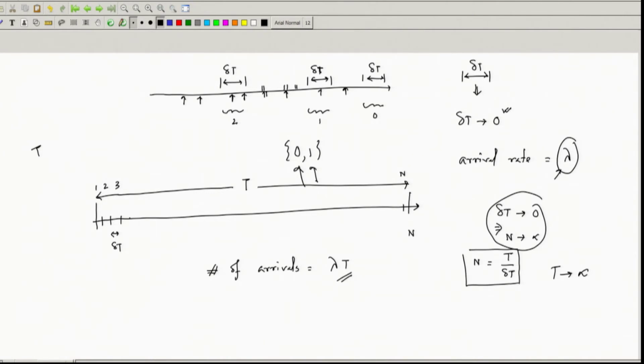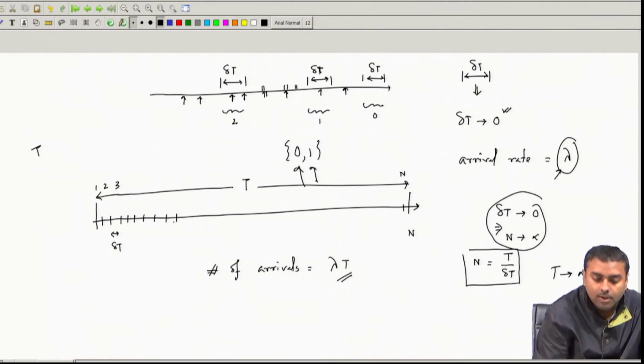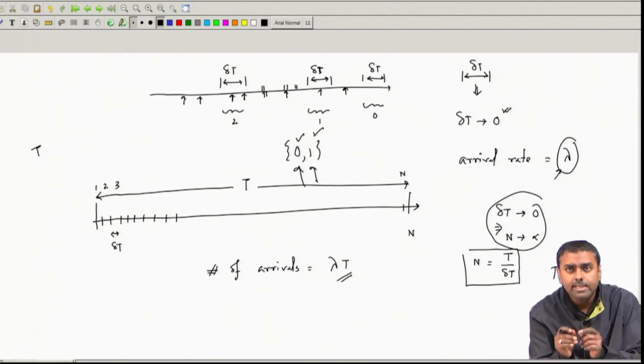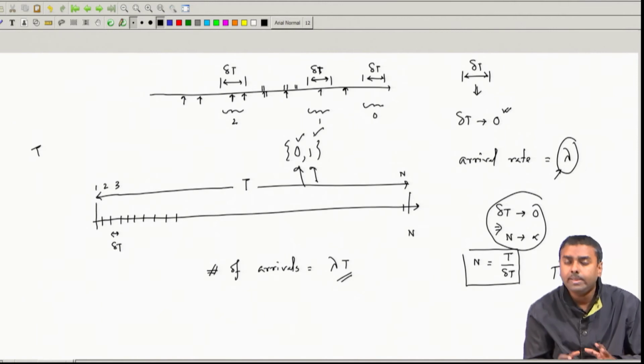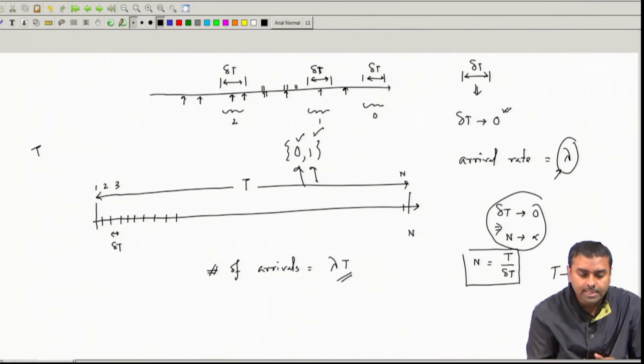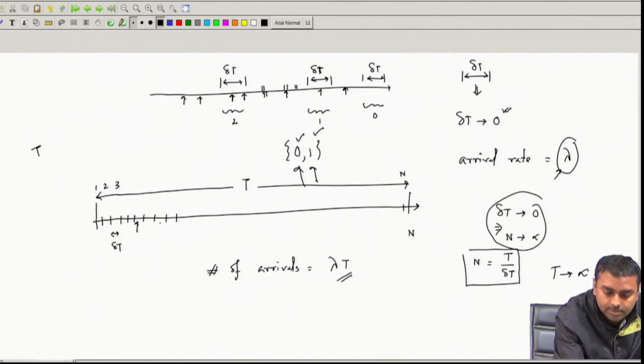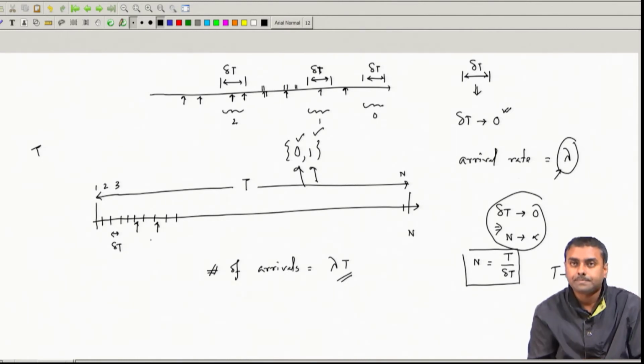So, if my delta t is very small, it can have either 0 arrival or 1 arrival within this delta t, because they are infinitesimally small. There cannot be any other possibility. So, either there will be no arrival, or there will be 1 arrival.